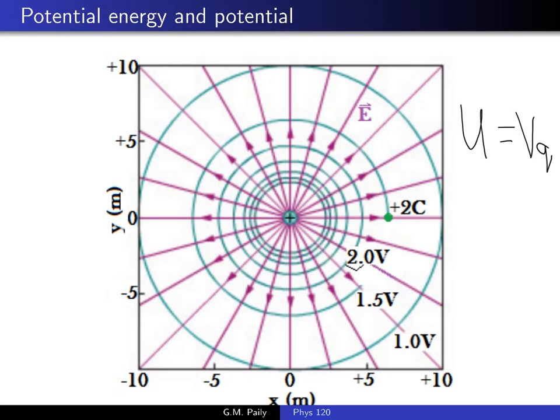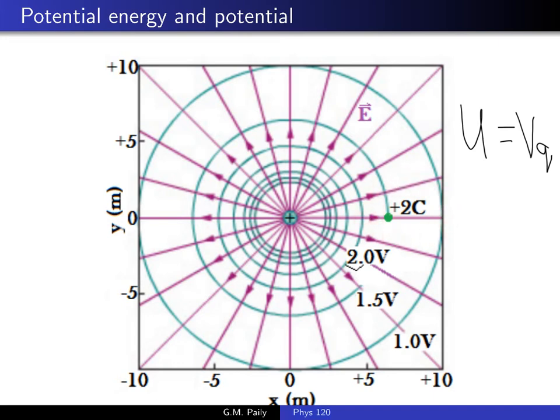However, we know that if we release this test charge from rest, it will want to decrease its potential energy. So which way will it move? Since its potential energy is positive and it wants to decrease it, it will want it to become less positive.